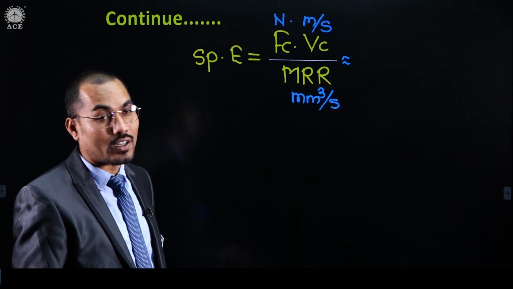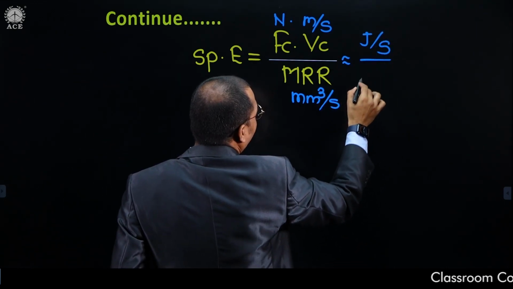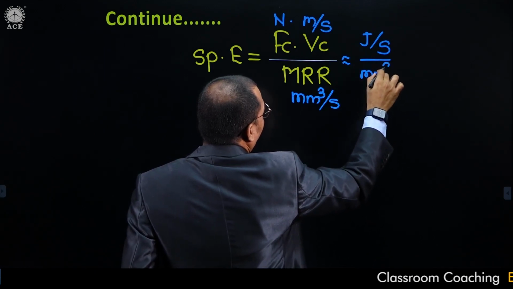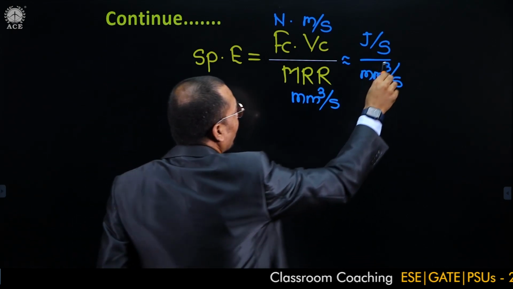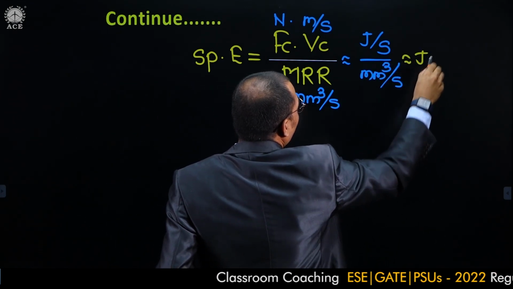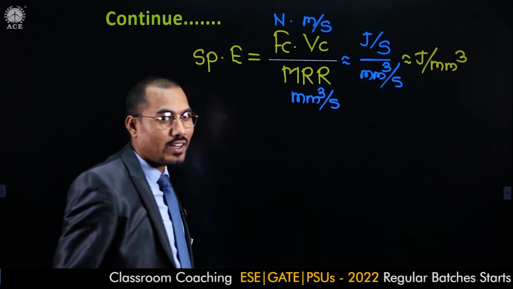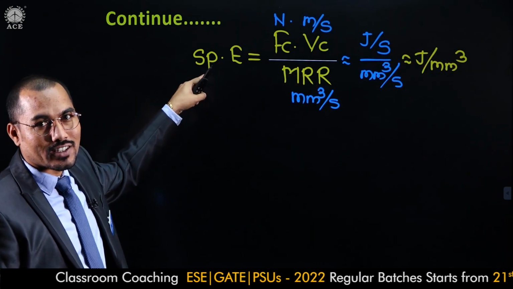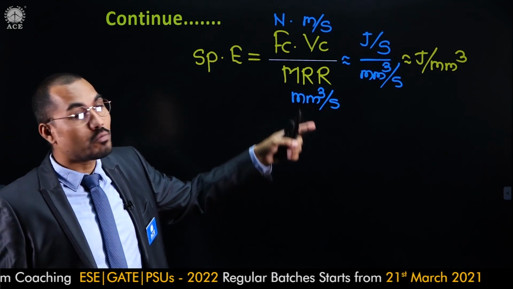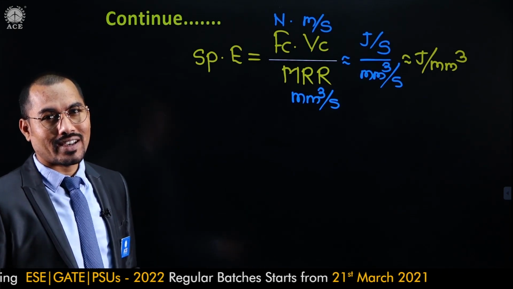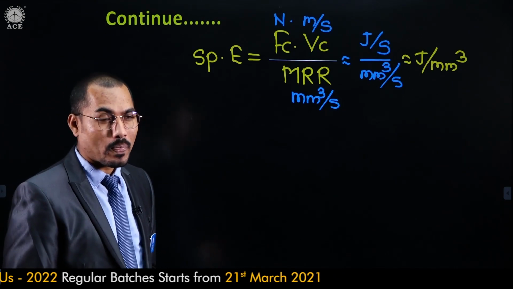Newton into meter gives joule per second in the numerator. In the denominator, the millimeter cube per second, the seconds get cancelled, and then what remains is joule per millimeter cube. The amount of energy required to remove unit volume of material is the specific energy, joule per millimeter cube. Straightforward, crystal clear, like water. What is it? MRR we have to calculate.